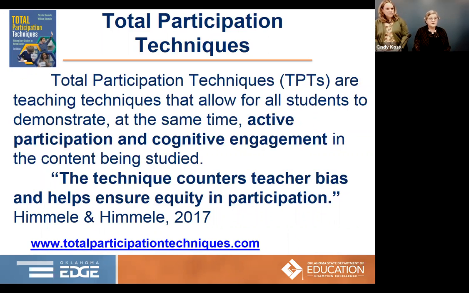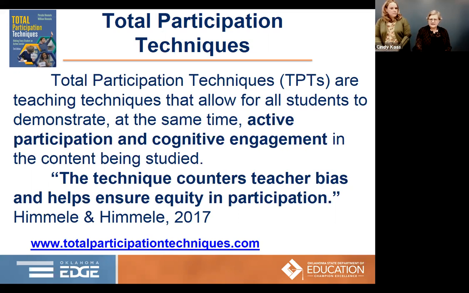The top corner of this slide shows you the book that all of these strategies are based on, and that is Total Participation Techniques by the authors Himmel and Himmel. And what is important to know is that they began this research with English learners.